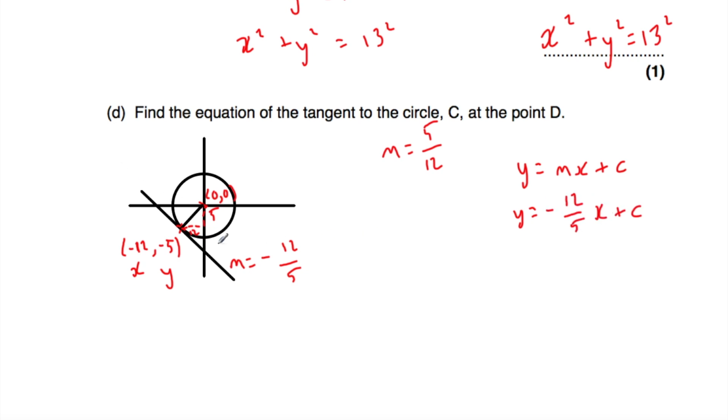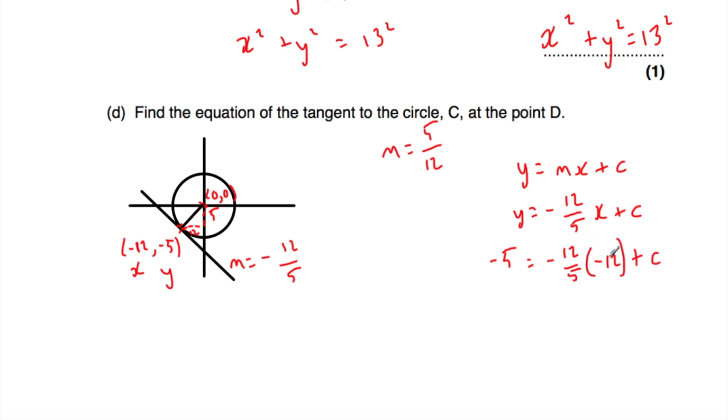So we know the equation of the tangent will be in this form. If we substitute in the x coordinate and the y coordinate of a point on that line, the point D, we can then find c. So y, which is negative 5, is equal to negative 12/5 multiplied by x, which is negative 12, plus c. Let's work this out.